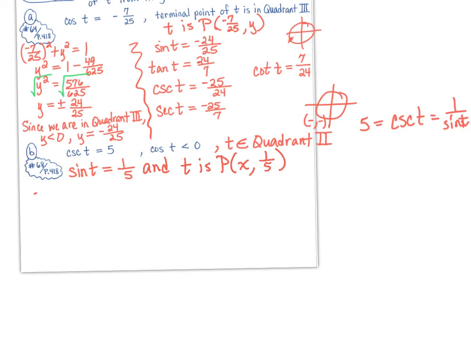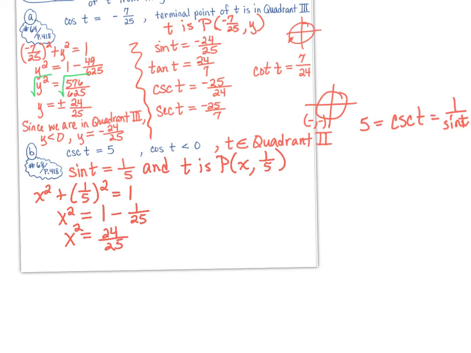So you have x squared plus 1/5 squared equals 1. So x squared is equal to 1 minus 1 over 25, which means x squared is equal to 24 over 25. Why? Because remember, 1 is 25 over 25.